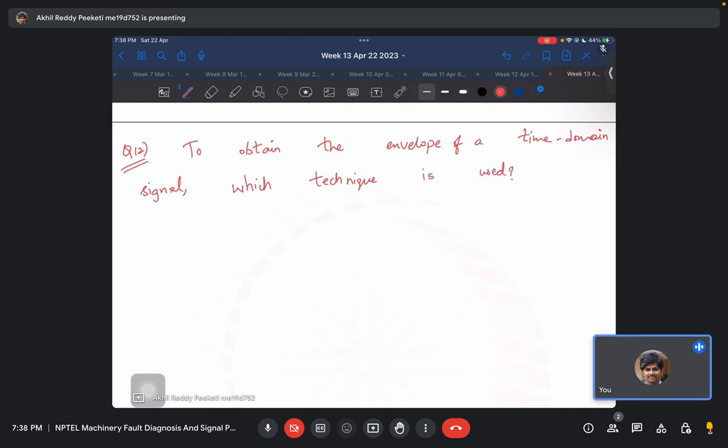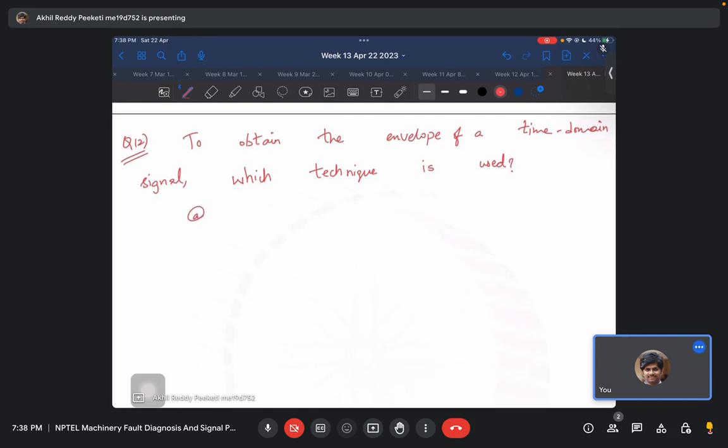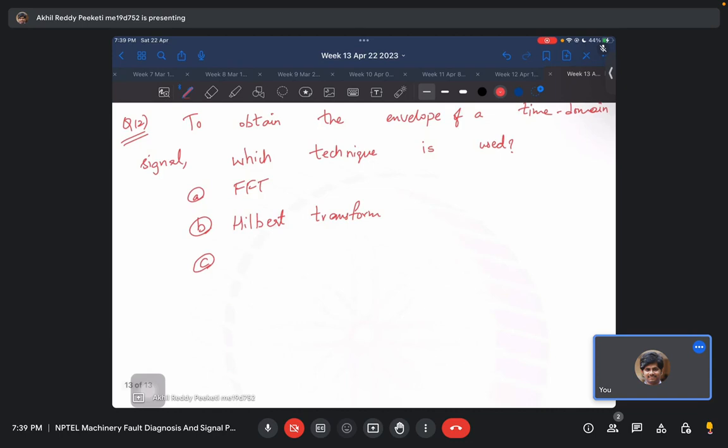To develop the envelope of a time domain signal, what is the technique that is used? Fourier transform, Hilbert transform, short time Fourier transform, or subsystem analysis.